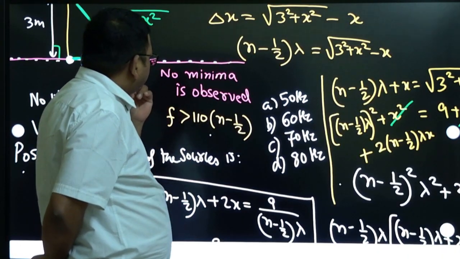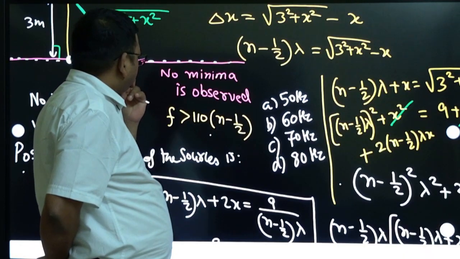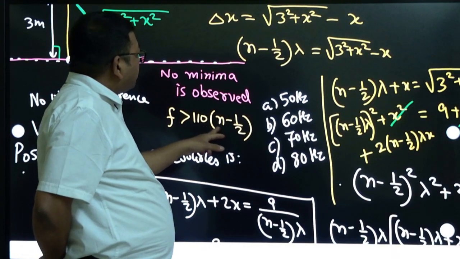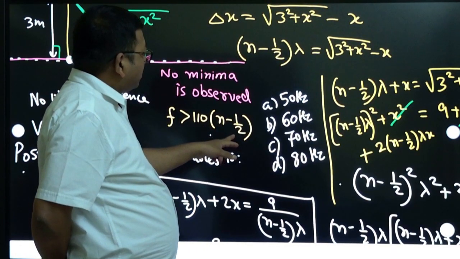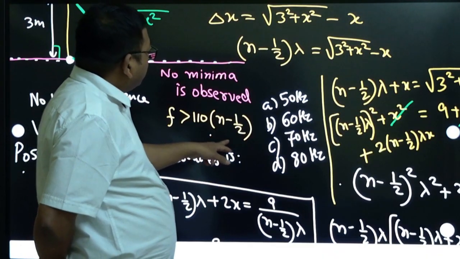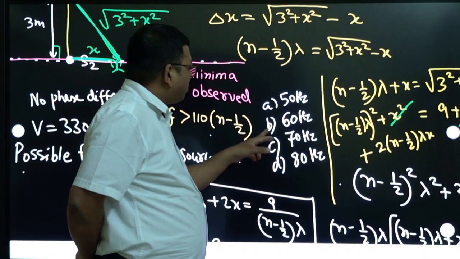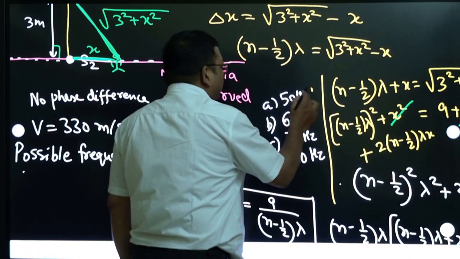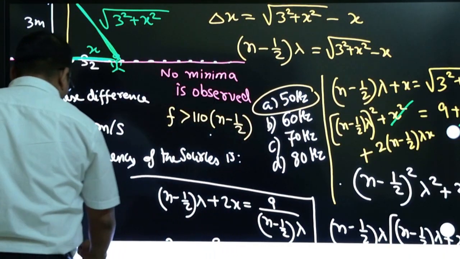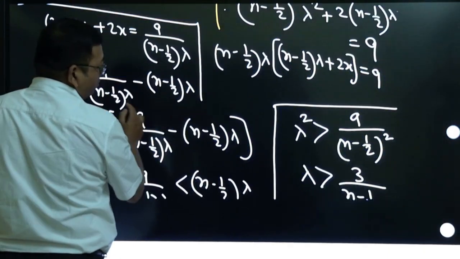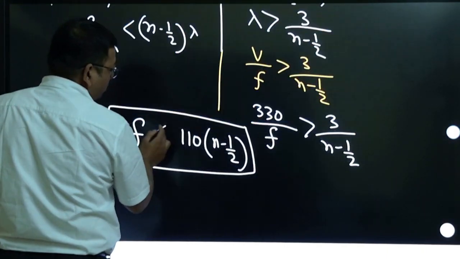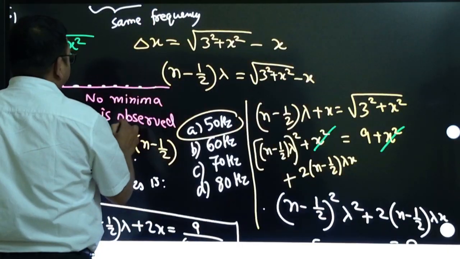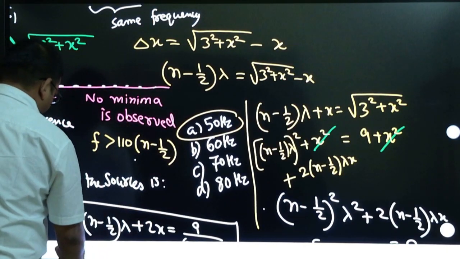Half means how much? 55, correct? Greater than 55 are so many things. Sorry, this should be less than, not greater than.